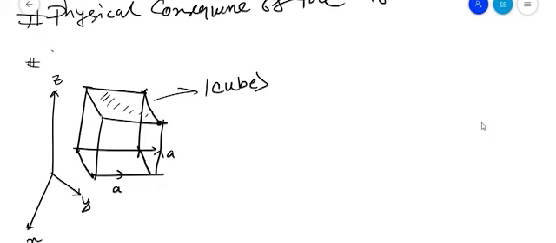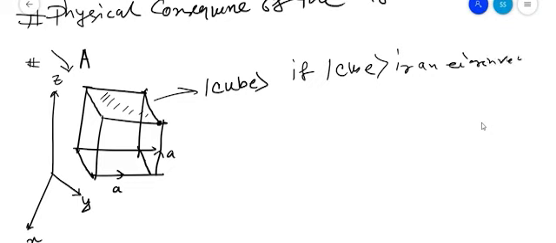And what I want to do now is use some operator, let's say capital A. If cube is an eigenvector, that is, each of the arms of the cube is an eigenvector of this A, then let's say A of cube will give me 3 times cube.